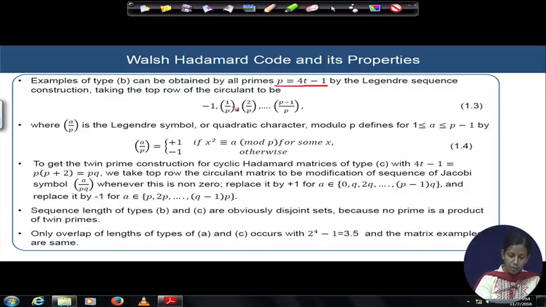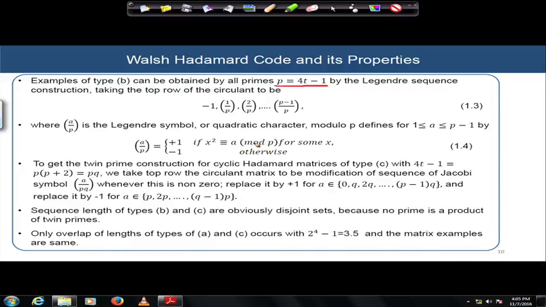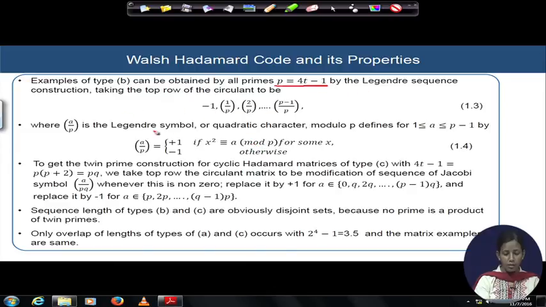The Legendre symbol, or quadratic character modulo p, is defined for a belonging to 1 to p minus 1 by this relation, where each Legendre symbol should be either plus 1 or minus 1. It is plus 1 if a is a quadratic residue, that is, if the value obtained by the modulo p operation equals x squared modulo p for some x. And you start by taking the top row to be the Legendre sequence and then start the generation.